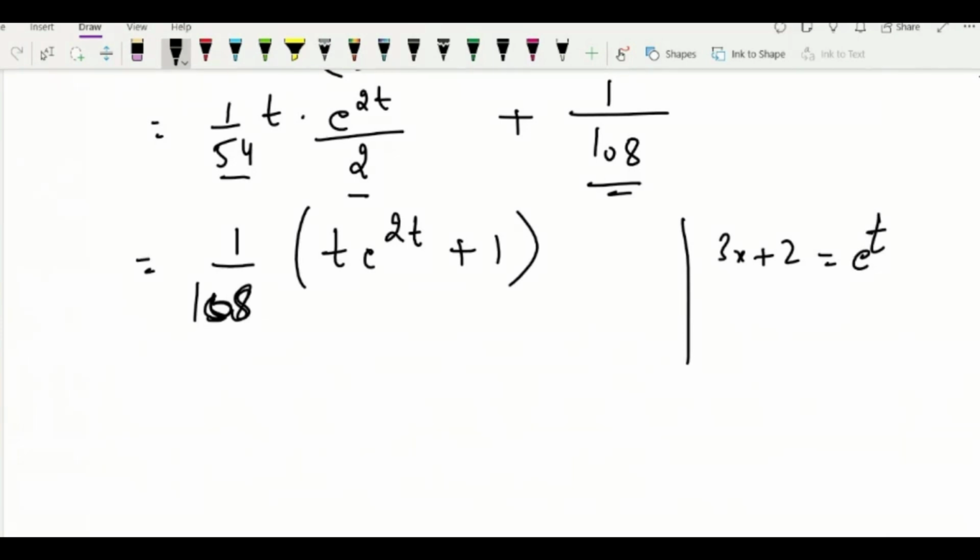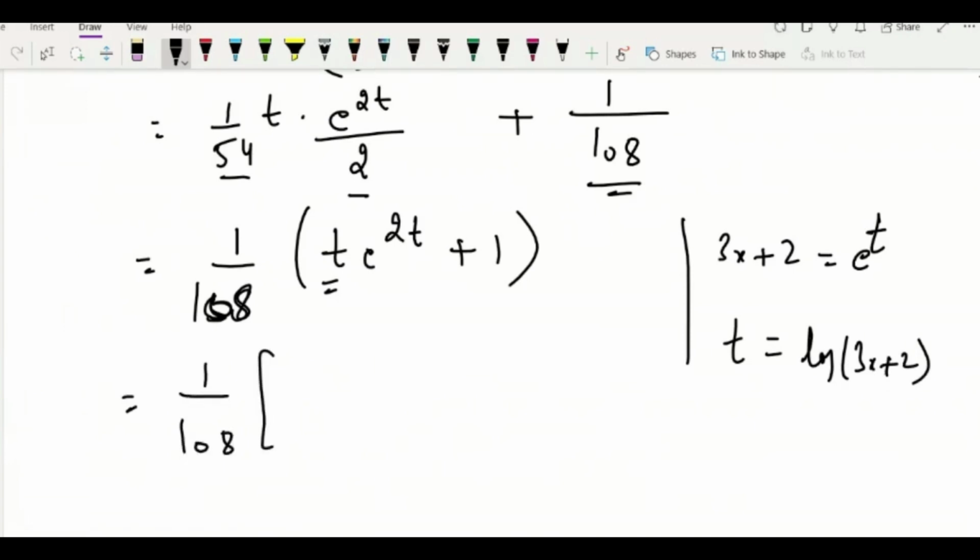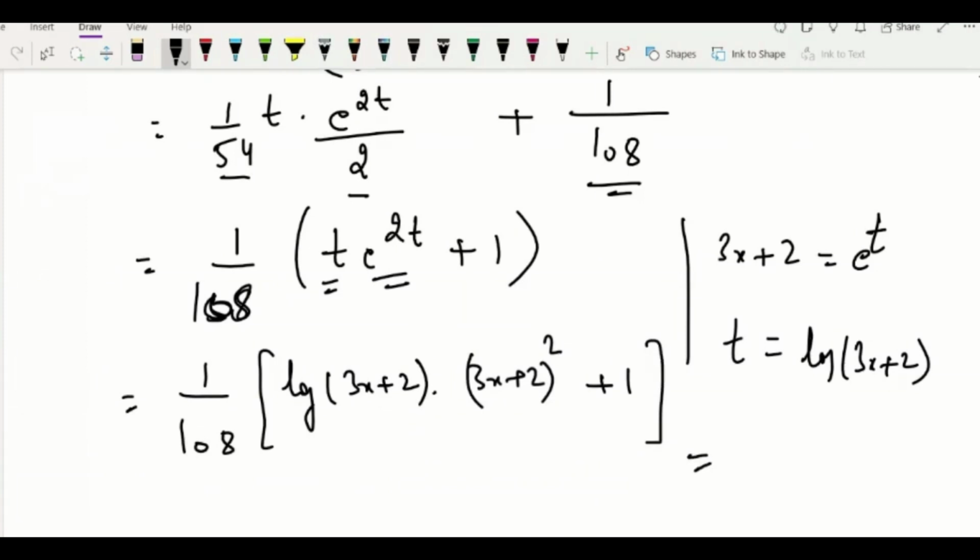So by this, t will be equal to log of 3x plus 2, ln (3x plus 2). So substituting back, t is equal to log of 3x plus 2. e raised to power 2t will be written as (3x plus 2) whole square, plus 1. So this is our PI, and earlier we have the CF. For finding the complete solution, we just write CF plus PI.